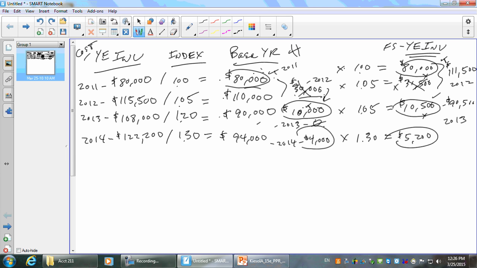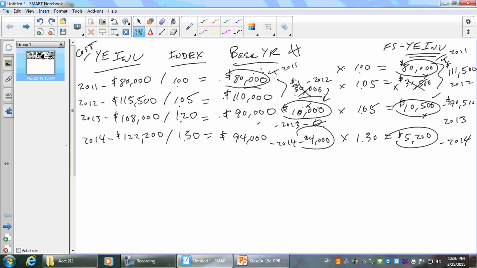The 80 is from 2011, the base year. And then the 10.5 is from 2012. There's nothing from 2013. This one's from 2014.